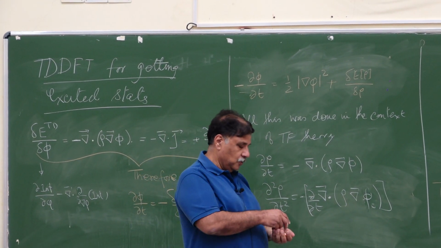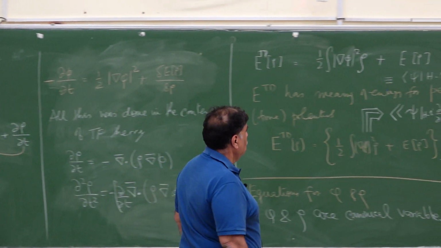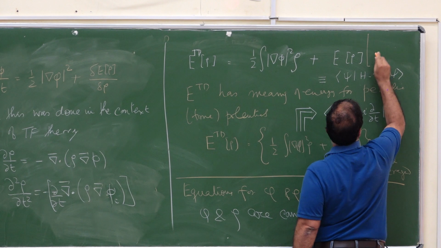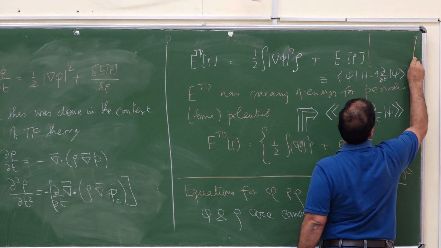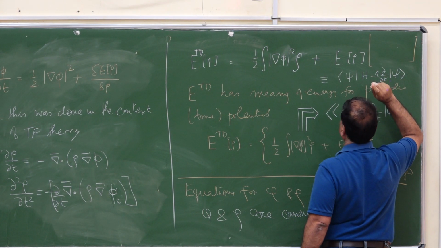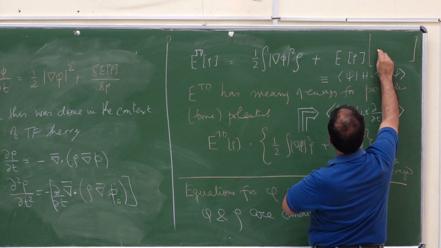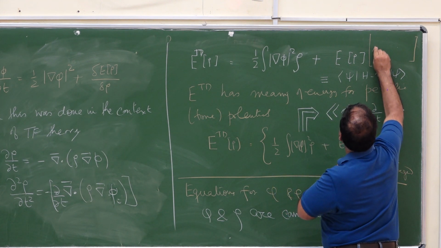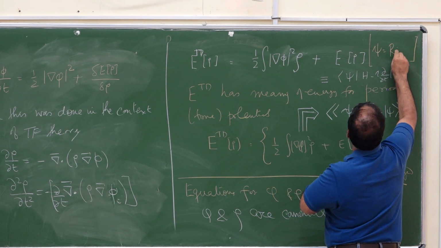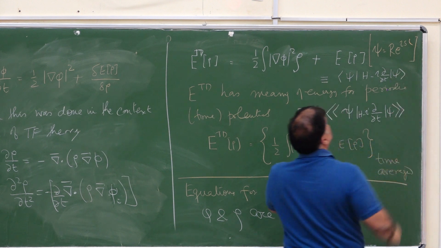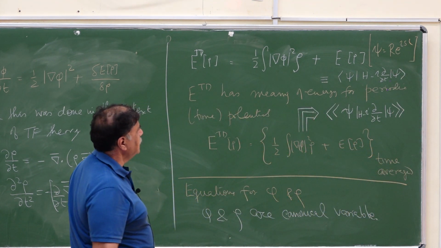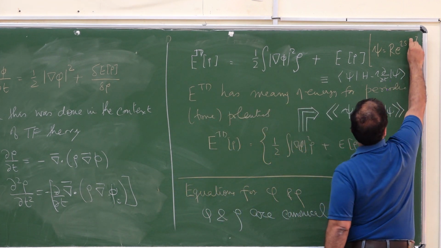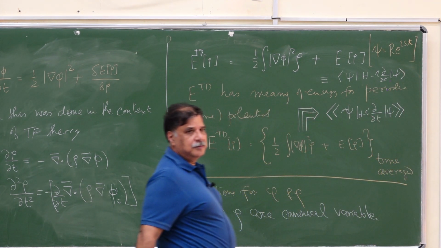If we want to be more rigorous, which I am not doing right now, this is Madelung's work of fluid equivalence. For that, you write psi equals some R e raised to i S, where S is a function of r and t. Then also you get it. Right now I'm not doing that.